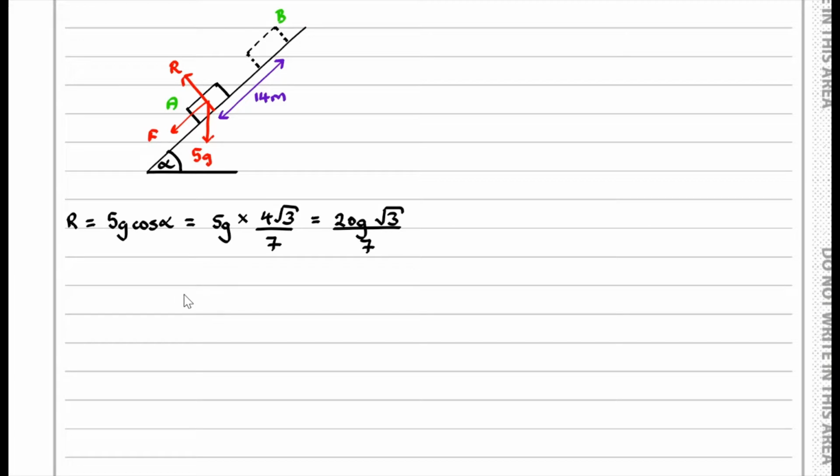Now the frictional force, we can find that out by multiplying mu by R. So the frictional force is given by 20g root 3 mu over 7.